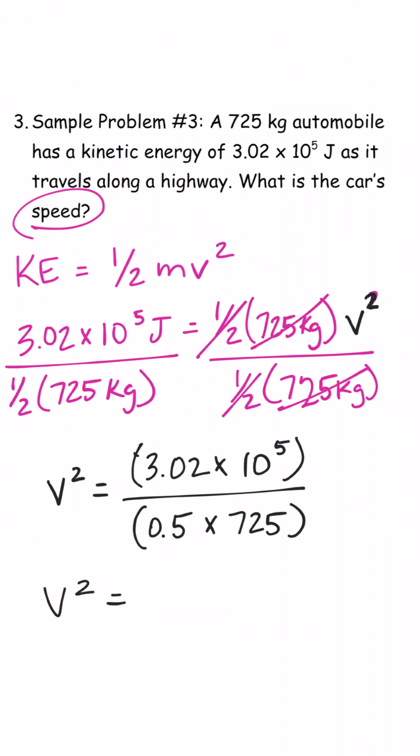And now I'm going to put that into my calculator. Open parentheses, 3.02 times 10 up arrow 5, close parentheses, divided by, open parentheses, 0.5 times 725, close parentheses, enter. And I get 833.1.